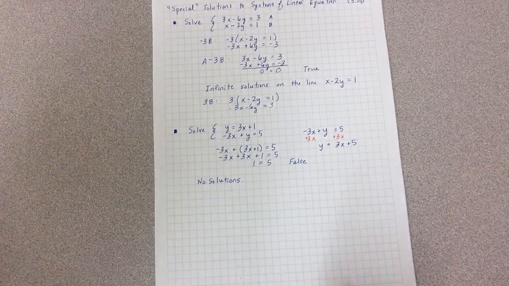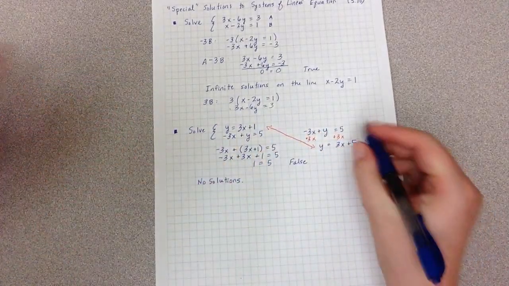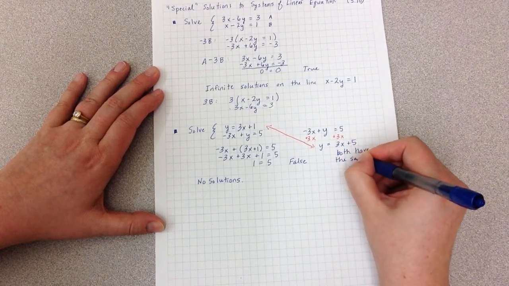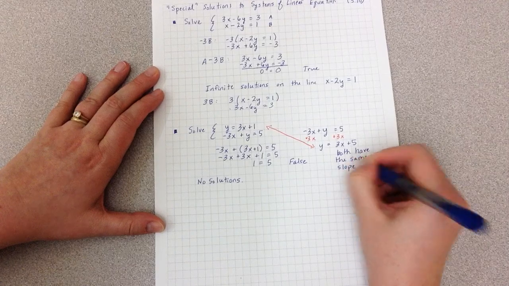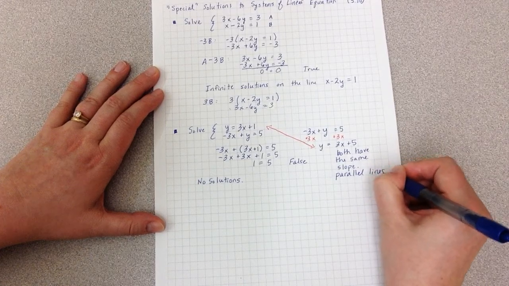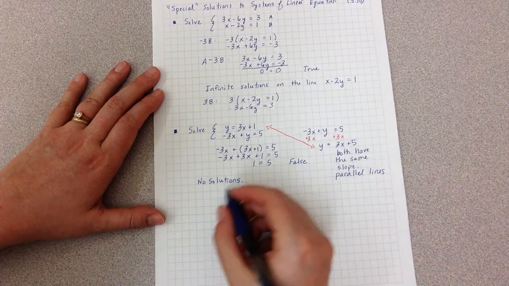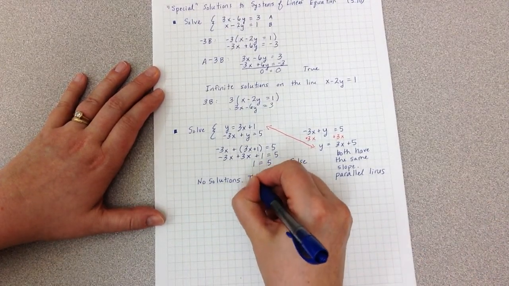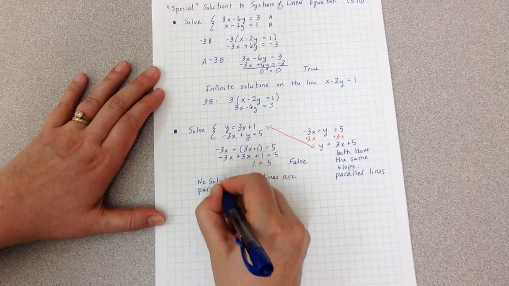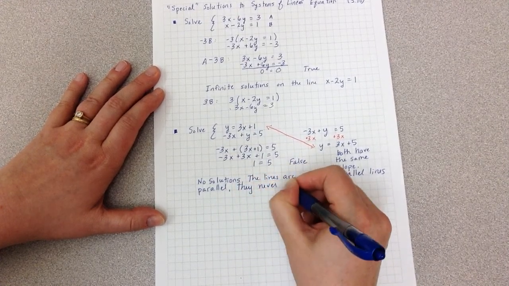Now when I look at these two equations, we can see that they both have the same slope, which means they are parallel lines. Parallel lines never intersect, so that's why there's no solution. So we say no solution, the lines are parallel, they never intersect.